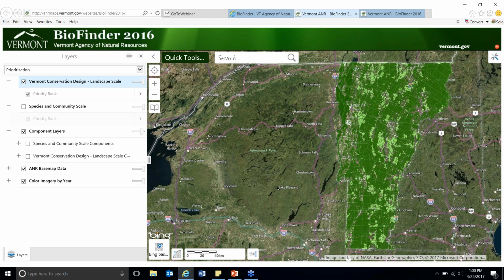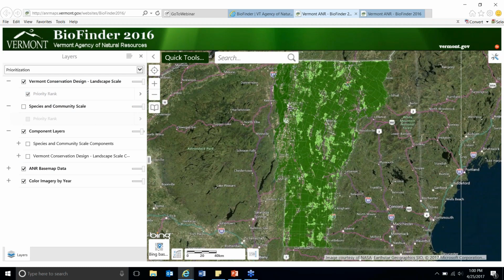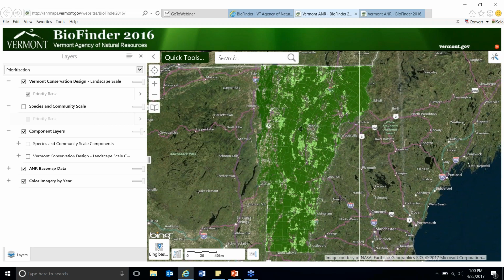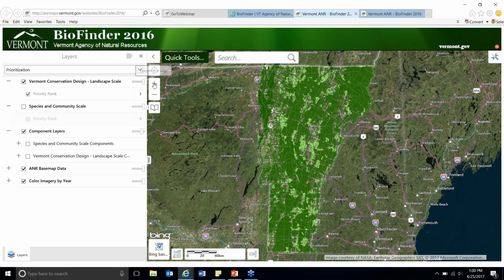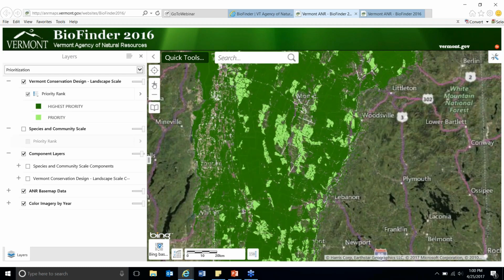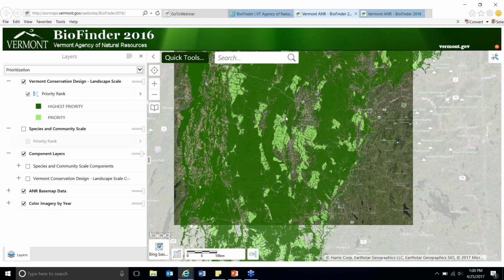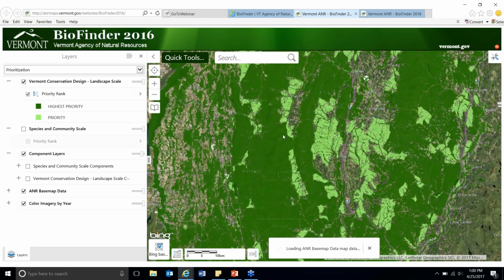Now, if you're used to using even something like Google Earth or any other mapping software, then this follows a pretty similar pattern to most mapping products. You can drag and move things around. You can zoom in either by clicking the plus or the minus, or I have a mouse with me so I can use the scroll wheel to zoom in and out.